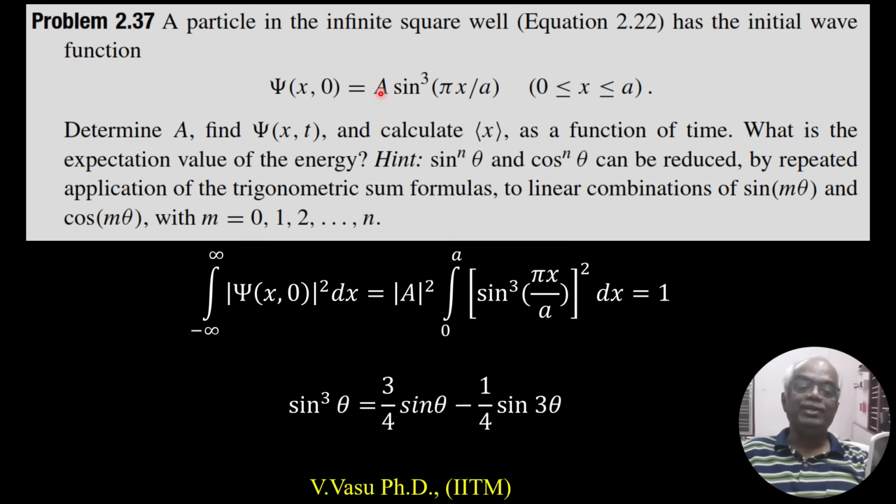Here psi is given, that is modulus A squared, then sin cubed of pi x over a, whole squared. Here sin cubed theta can be written in the expansion series as 3 over 4 sin theta minus 1 over 4 sin 3 theta.